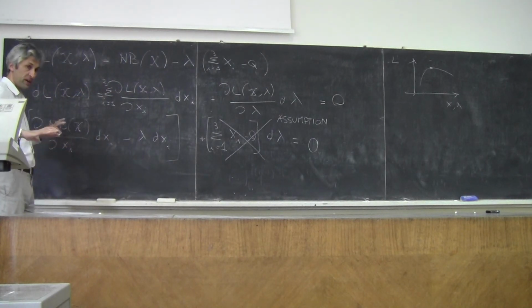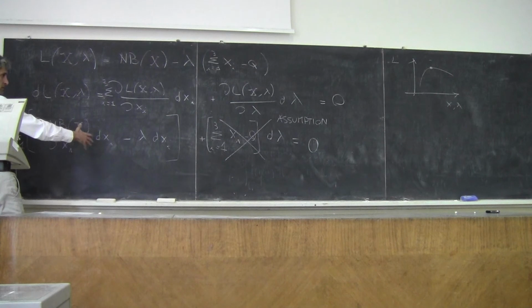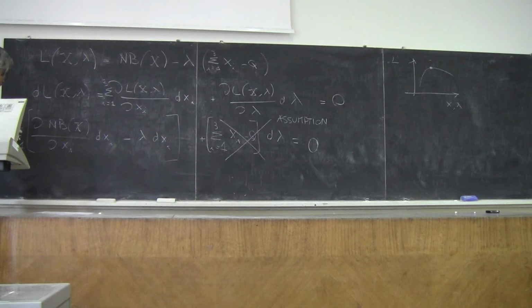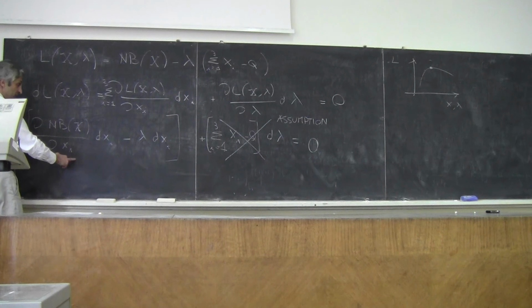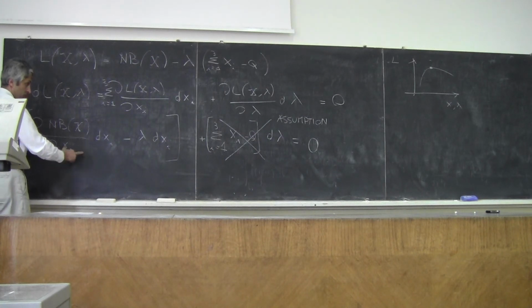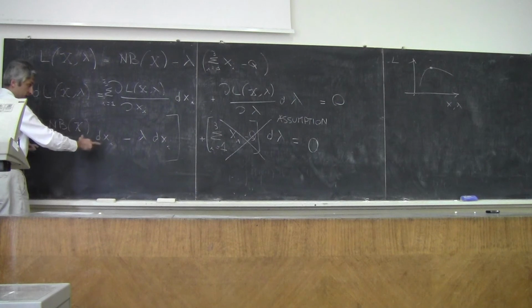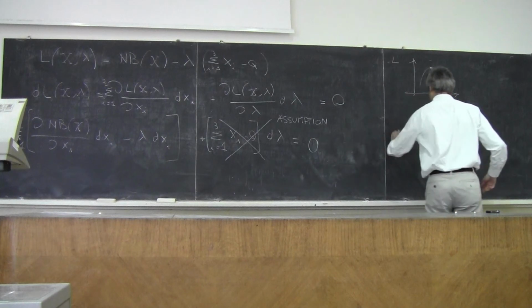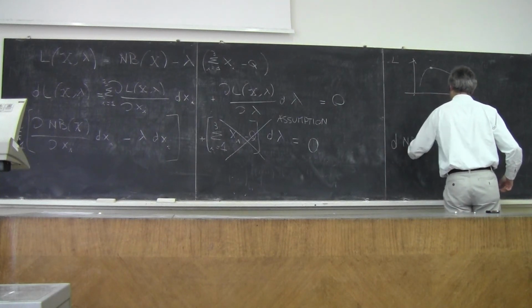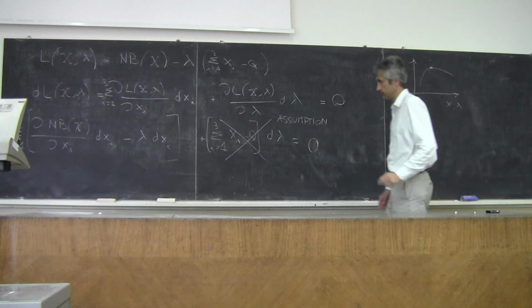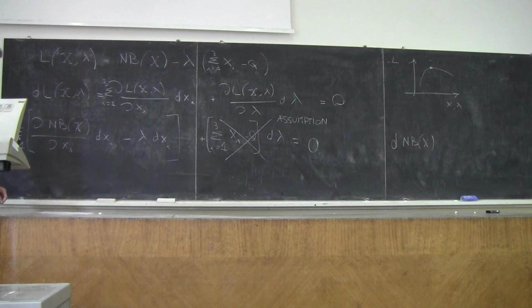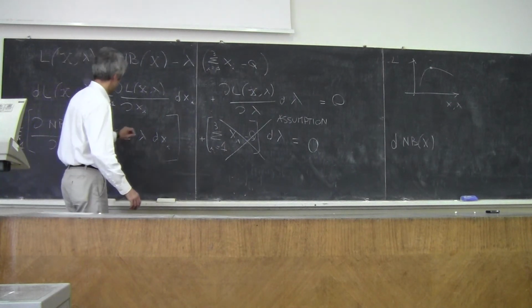Okay, so if my assumption is correct, then we can work on this part of the relationship, which is equal to 0. And look, the summation of the derivative of the benefit with respect to each decision variable times the infinitesimal increment of the decision variable itself is the total differential of NB(x), minus lambda.